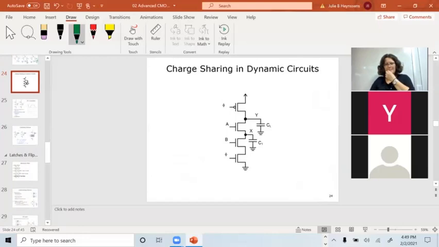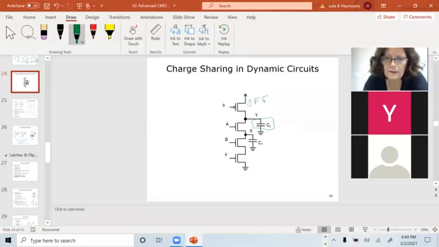So the same thing happens in these dynamic circuits. Remember, we've got this load capacitor. We want our load capacitor to be big because when I turn this off, it's going to be sharing charge across the capacitors we had here.